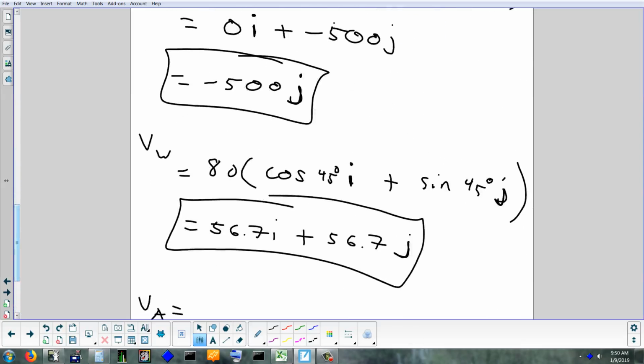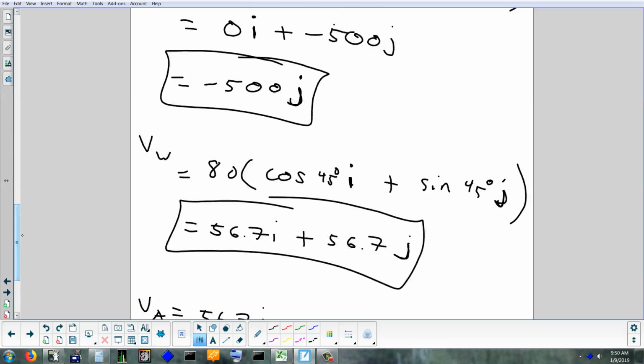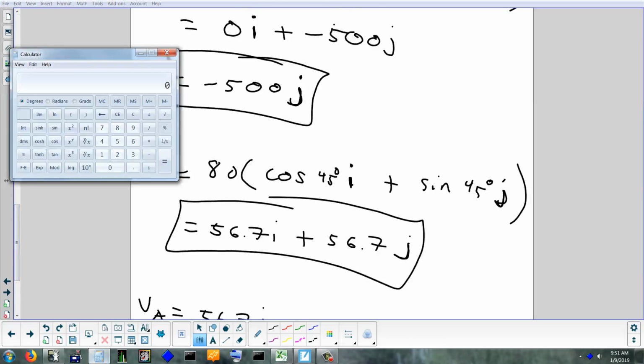So 56.7i, that part stays the same. Do the plane and the wind both have j components? Yes, they do. One of them is negative 500. The other one is 56.7. That changes my j component to negative 443.3.